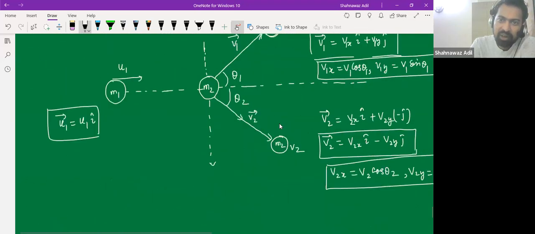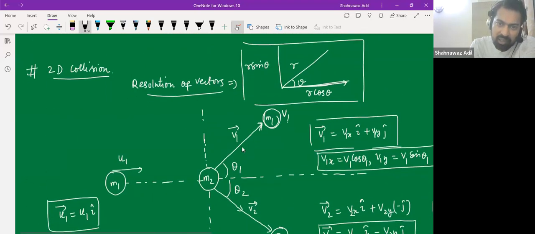this v1 velocity is going in the xy direction. So v1 has an x component and a y component. The x component is v1 cos theta 1, the y component is v1 sin theta 1.